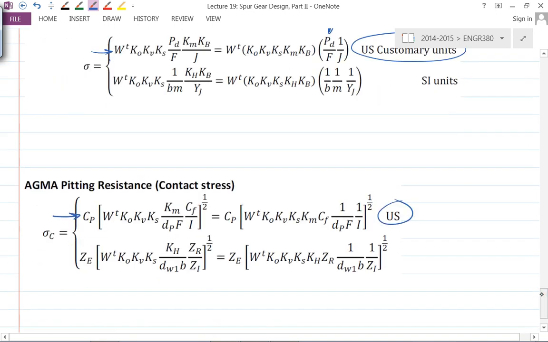For the contact stress, you have similar ways of correcting it too. KO, KV, very similar. You also have KO, KV, KM here. See, there are four factors that can be used for both stresses. Anyway, we're going to talk about this in the next lecture.